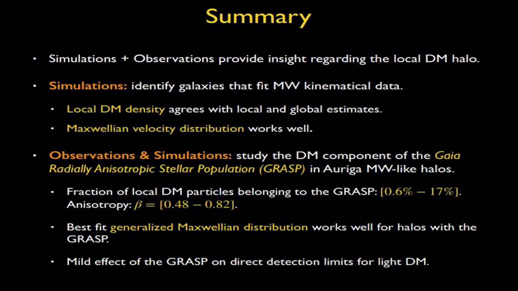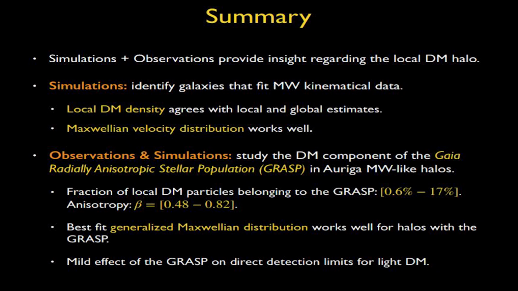If you consider observations as well, we studied this dark matter component of this GRASP in Auriga Milky Way-like halos, and we find that the fraction of the dark matter particles that belong to the GRASP is between 0.6% to 17%, and the anisotropy can range between 0.48 to 0.82.